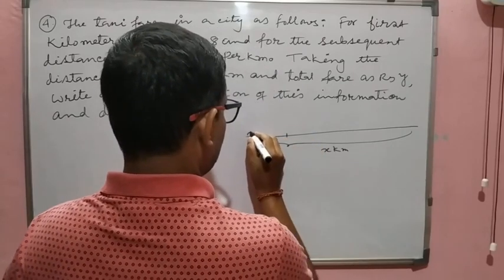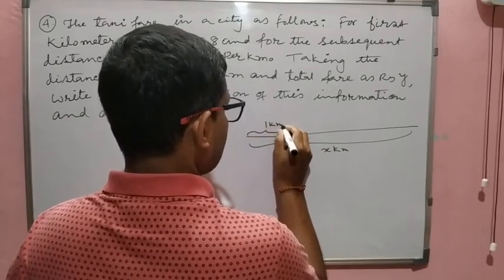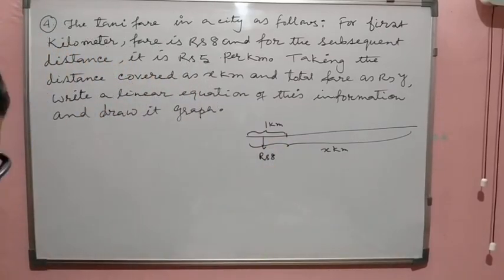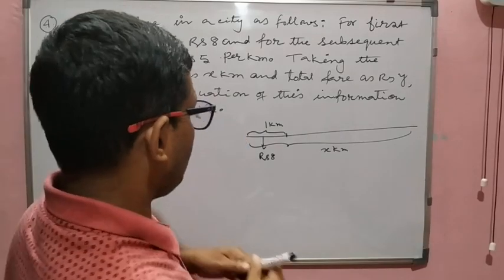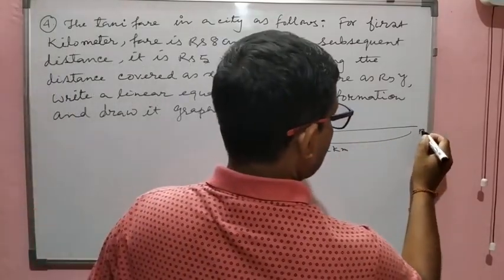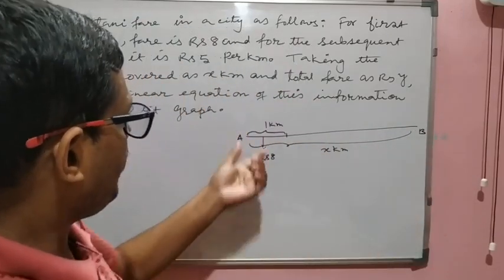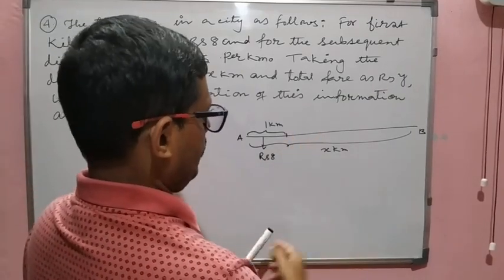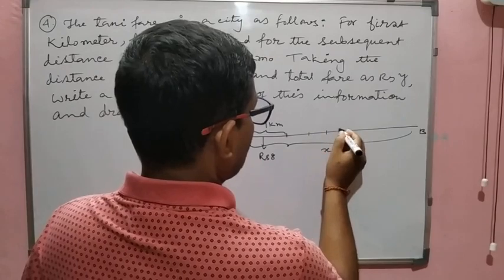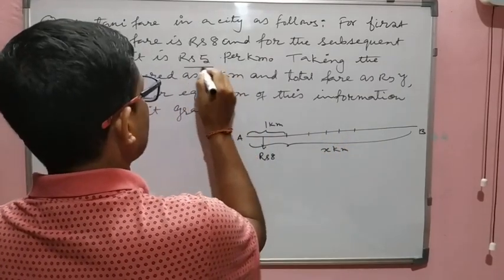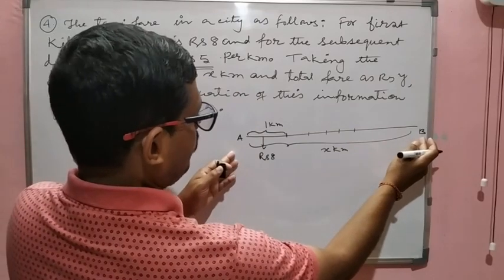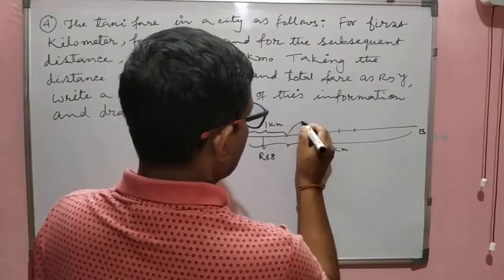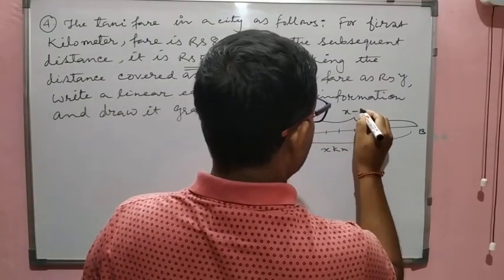So for the first 1 kilometer, fare is ₹8. Suppose A to B is x kilometers total. For the first 1 kilometer it is ₹8, and for every remaining kilometer it is ₹5. The total was x kilometers, and 1 kilometer is gone, so how many kilometers here? It will be x - 1 kilometers.